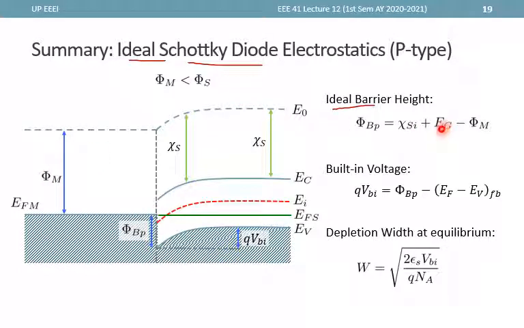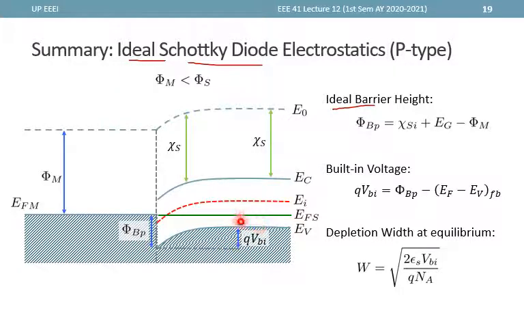Now the built-in voltage, again this one can be used even if it is not ideal. Once you already know the barrier height, here we can still follow that the qVbi is equal to Vbp minus this energy difference here to get qVbi.